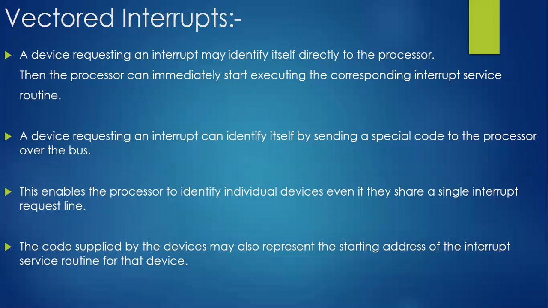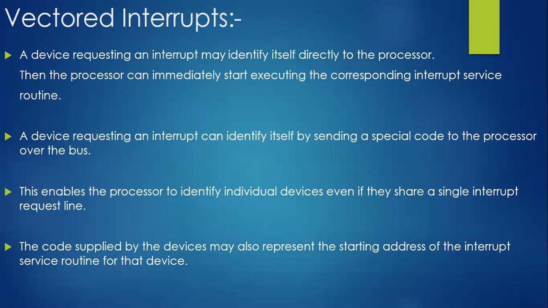Vector interrupt states that the identity of the devices trying to get service from the processor is known, so the processor can immediately start executing the corresponding interrupt service routine. If the processor is able to identify a particular device, then easily it can start executing the service the device is expecting. So this is the solution.